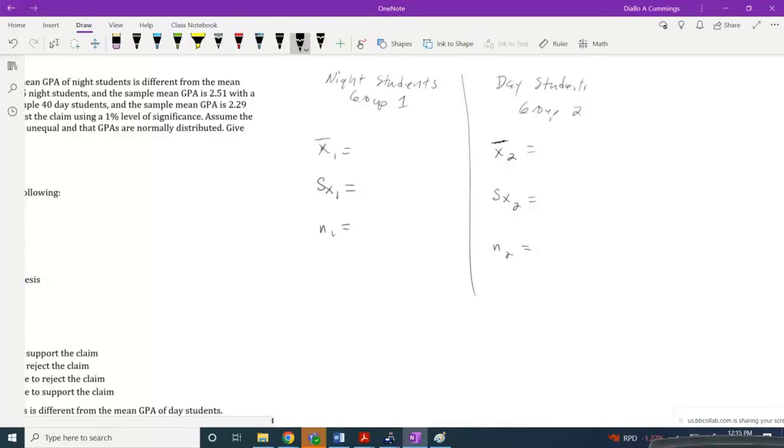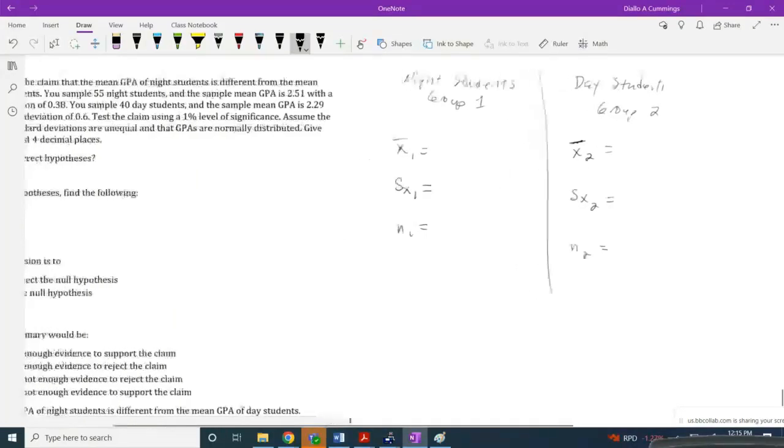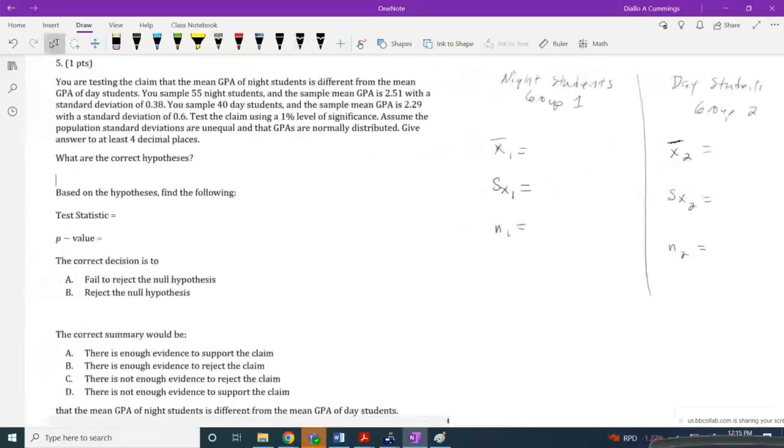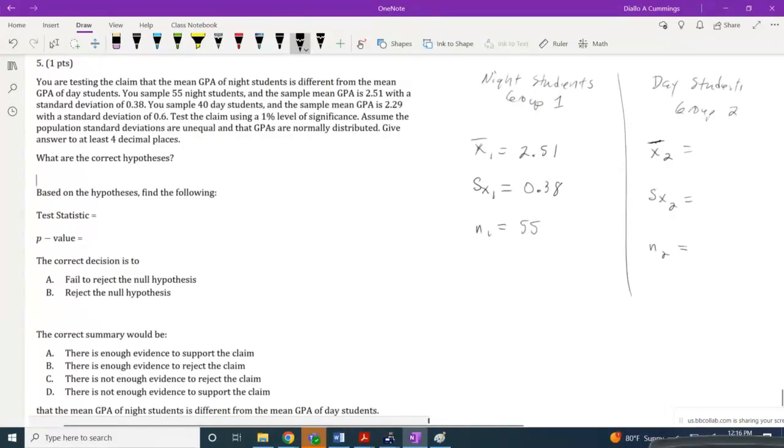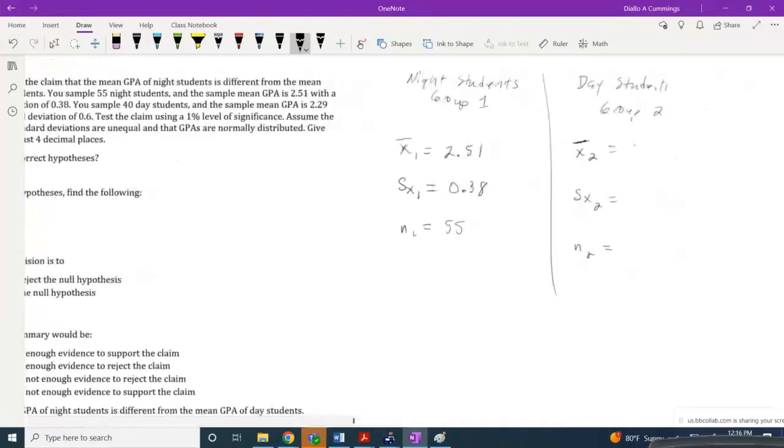So I'm just going to jot in all that information. The mean GPA of the night students was 2.51. The standard deviation was 0.38. And there were 55 night students in the sample. The mean GPA of day students was 2.29.